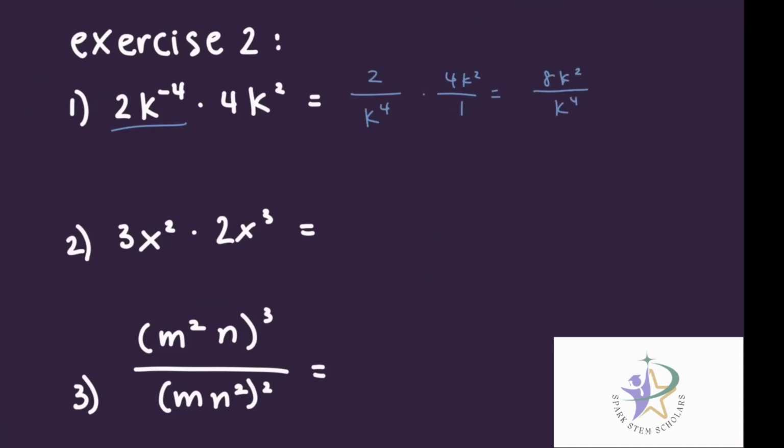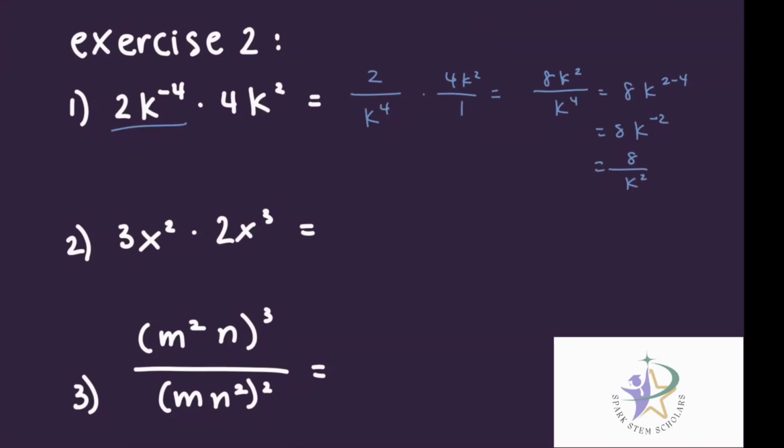And we can simplify this further into 8k to the 2 minus 4, which is equal to 8k to the negative 2, and that would be 8 over k squared.